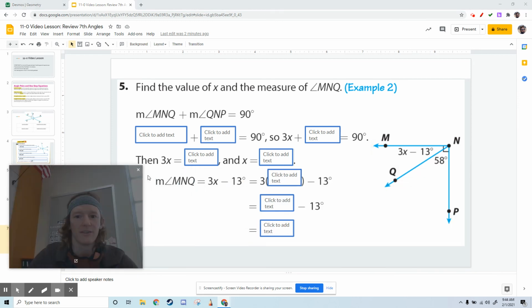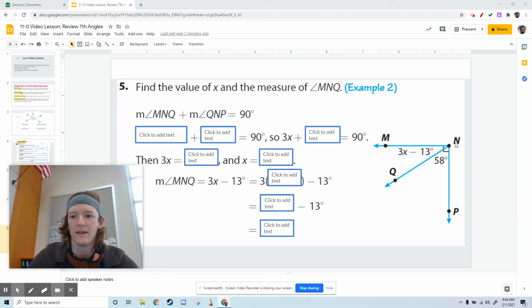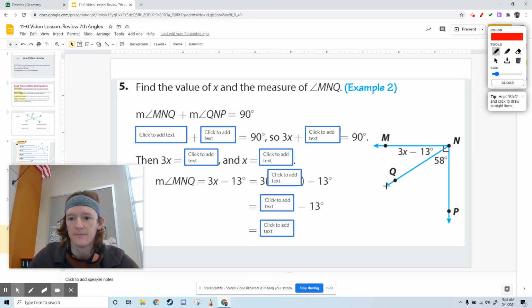We need to find the value of x and the measure of MNQ. So MNQ is 3x minus 13, and QNP is 58. So 3x plus, well, let's combine 58 and negative 13. Those are like terms.